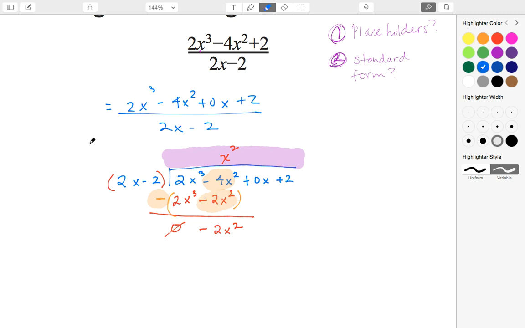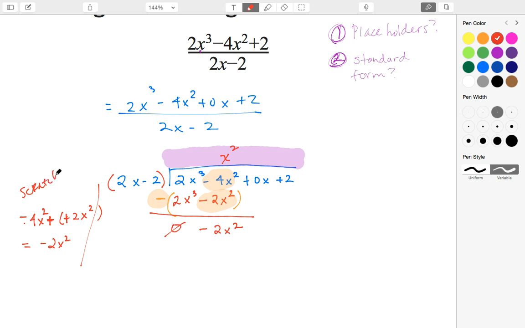And so if you're a person that's like, I still don't understand that, no fear. Do it on the side, negative 4x squared minus negative 2x squared, and then you'll realize this changes to a positive, and you'll get a negative 2x squared, okay? So that's just kind of like scratch work here, okay? But that's technically what I'm doing in that process.